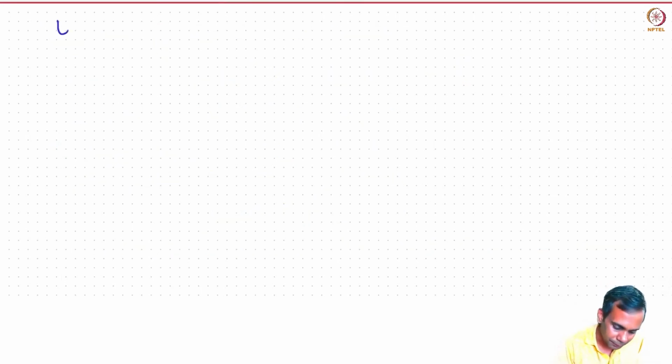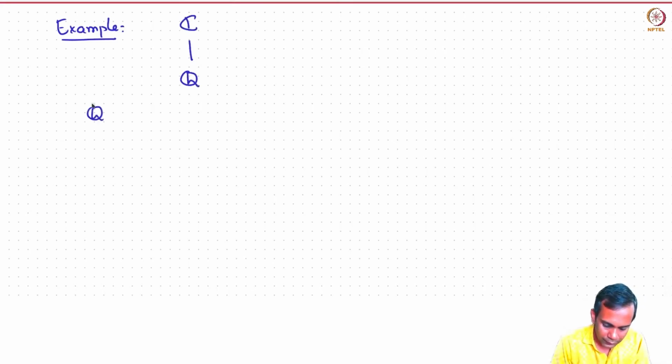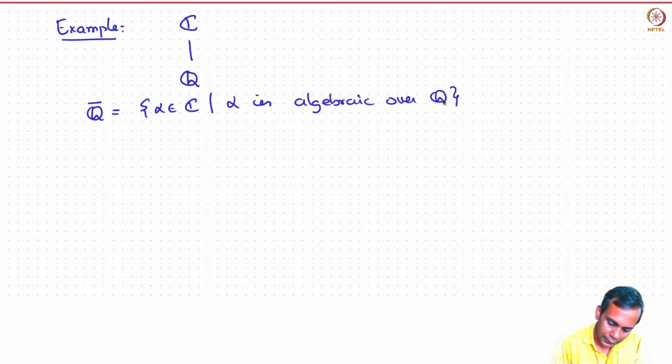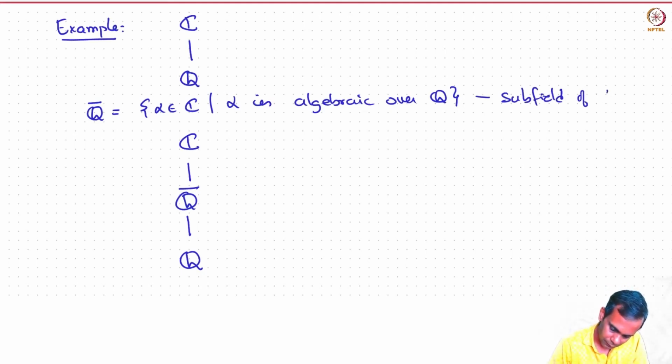Nice example of this. You take the complex numbers over Q, and we define Q bar to be alpha in C such that alpha is algebraic over Q. So we get this extension C over Q bar, which lies over Q, and this is a subfield of C. This set of algebraic numbers is actually countable, as we had discussed long ago.